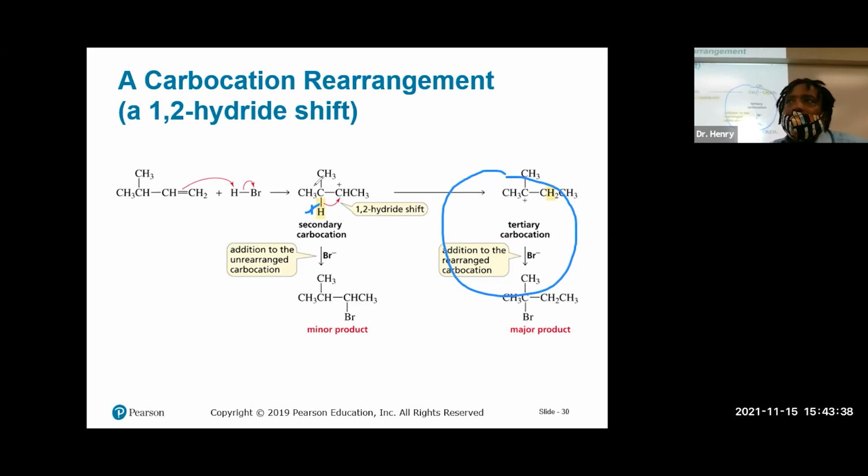It has to do with the fact that this guy has 3 attachments, so it's able to give up one attachment to allow this guy to become a little more stable. And so overall, the molecule as a whole becomes stable.